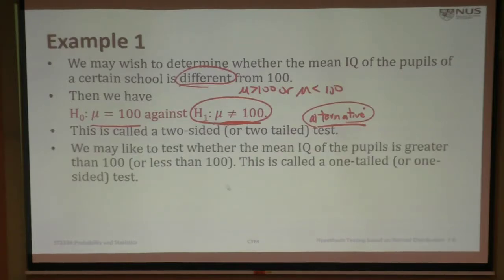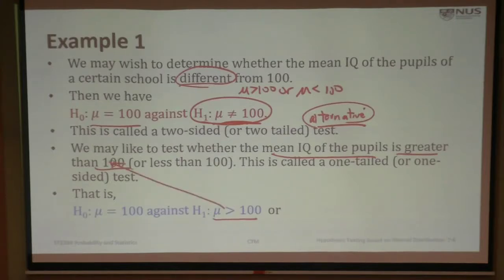So another scenario is that, suppose we're interested in finding whether the mean IQ of the pupils is greater than 100. Then in that case, the alternative is a one-side alternative. In other words, we are looking at mu greater than 100. But if you want to find out whether mu is really less than 100, then your alternative is mu less than 100.